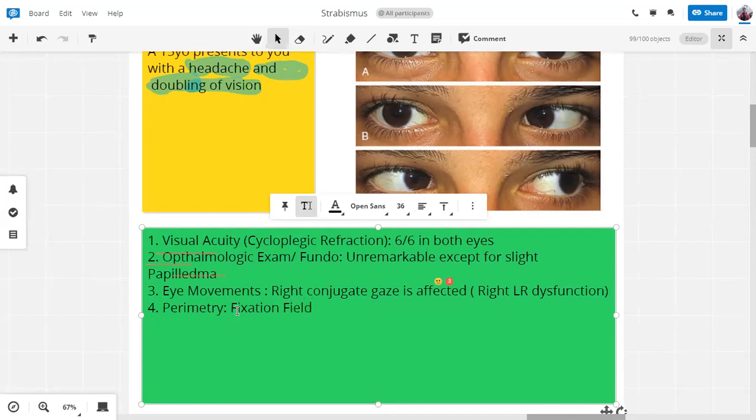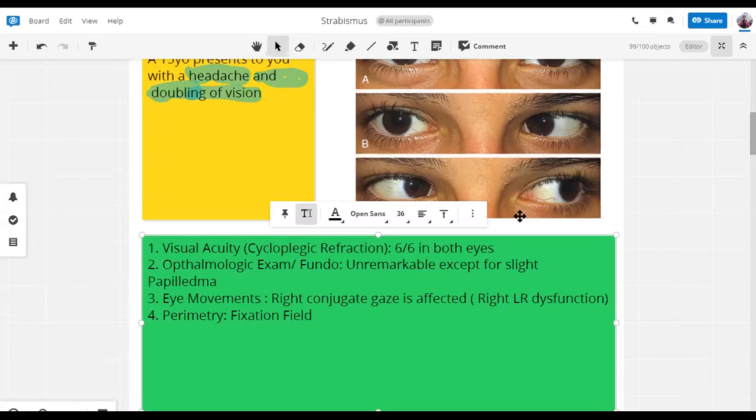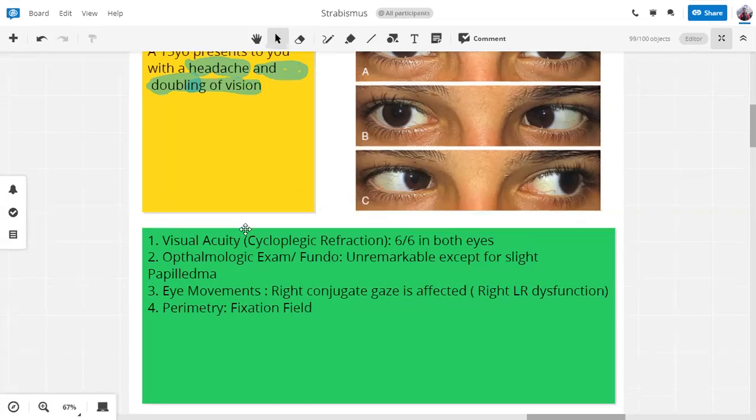What does fixation field mean? You know that using perimetry, the peripheral field is measured in binocular vision, how far the person can see. However, in perimetry we ask the patient to look straight ahead or fix at one point, and then we check the peripheral vision. But when we check the fixation field, we don't tell the patient to fix at one point in front.